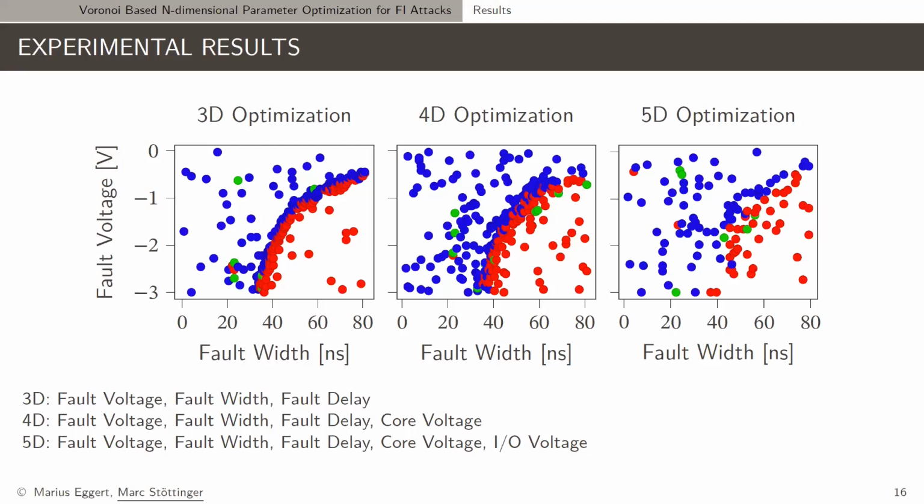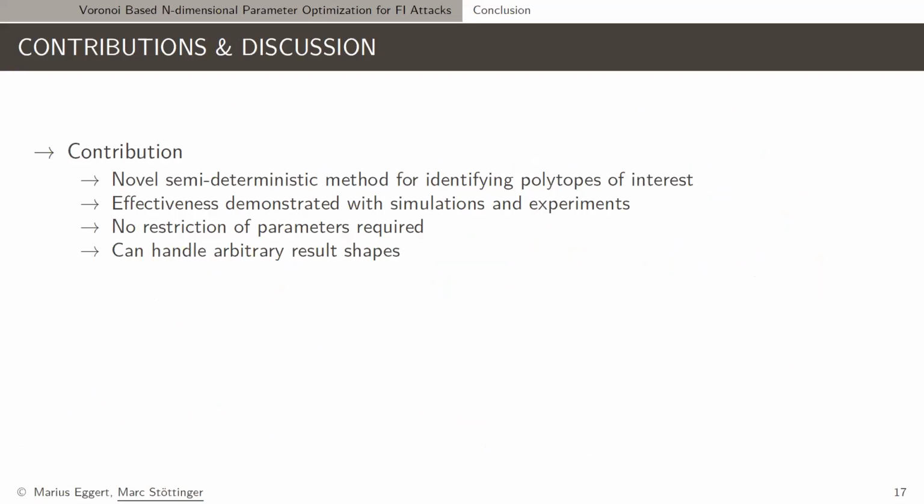Interestingly, even for the 5-dimensional approach, where we also changed the core voltage and the IO voltage, we actually got more points in different areas.